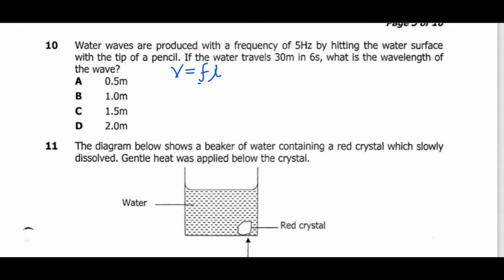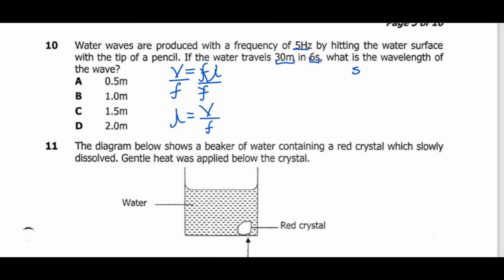So we want the wavelength, we divide by the frequency. So if we want to calculate the wavelength, it is the velocity divided by frequency. Now remember, frequency is given, 5 Hz. What we just don't have here is the speed. Now we can find the speed since we are given the total distance and the total time.